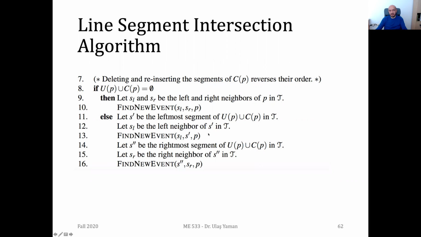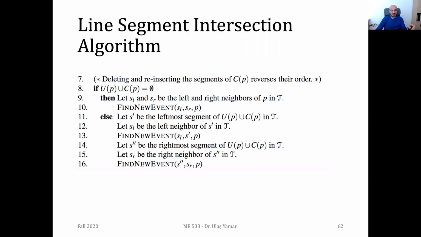Again, we do the same type of computation for finding the intersection points with the help of the find new events algorithm. And then we have another variable, S double prime, as the rightmost segment of U(P) union C(P), and SR is the right neighbor of S double prime in our tau data structure. And then we call again the same function for the intersection tests.